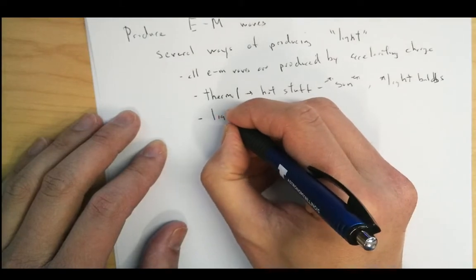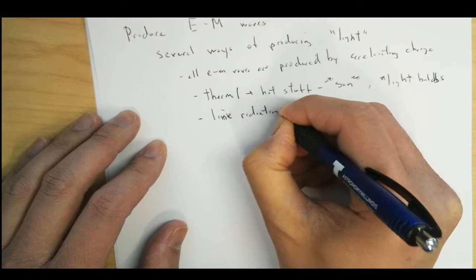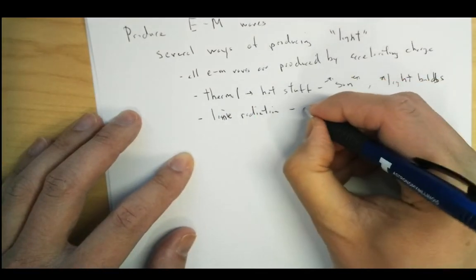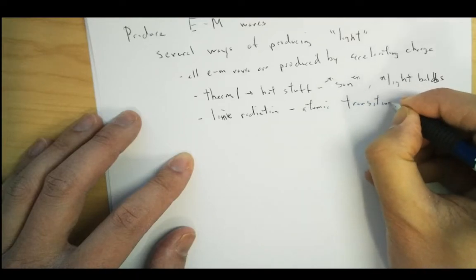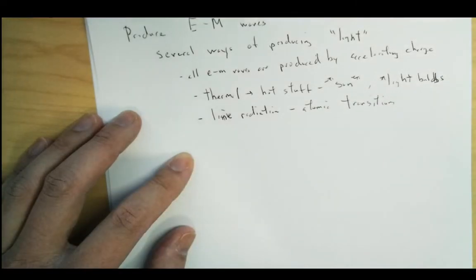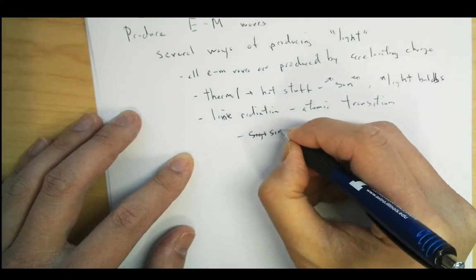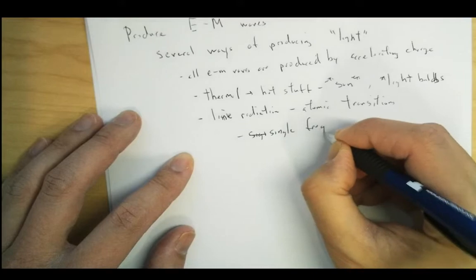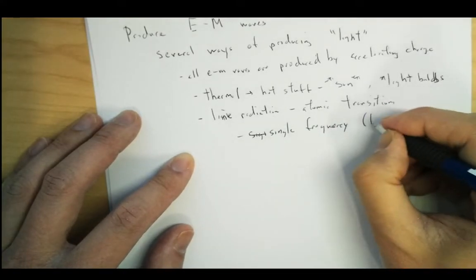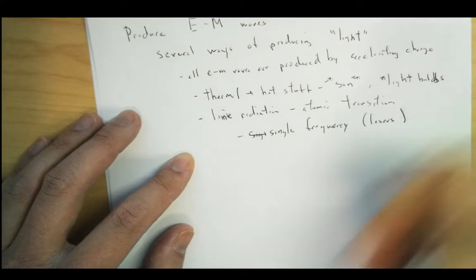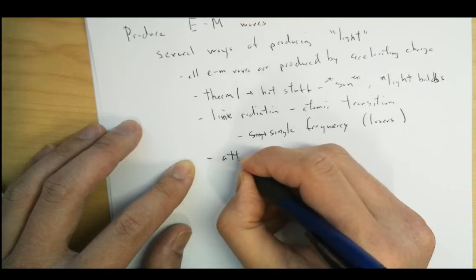There's line radiation. So these are atomic transitions. Right? If you have single frequencies, and it's coherent, these are called lasers then. And then there's also antennae.